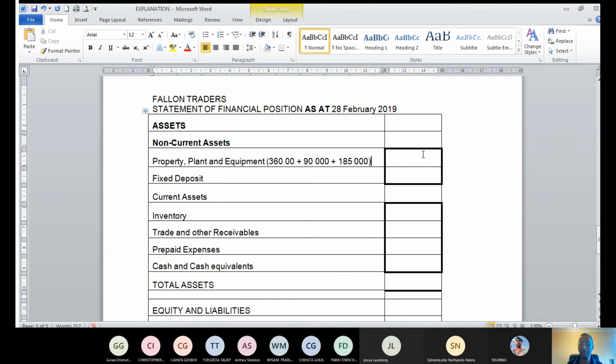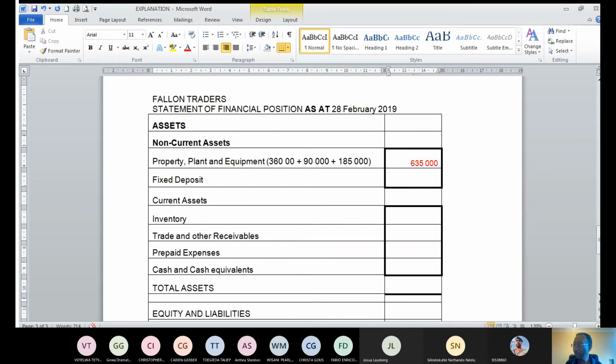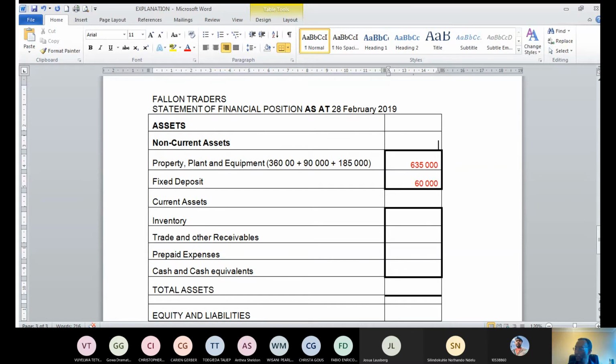You add all of that together, and that gives you property, plant, and equipment amounting to 635,000 rand. We have a fixed deposit of 60,000 rand. Those two items we put into a block, and our non-current assets in total is therefore 695,000, consisting of property, plant, and equipment, and our fixed deposit.